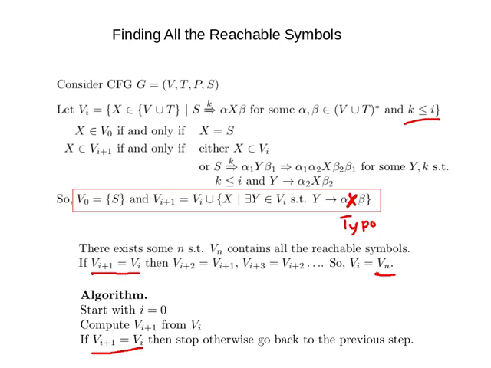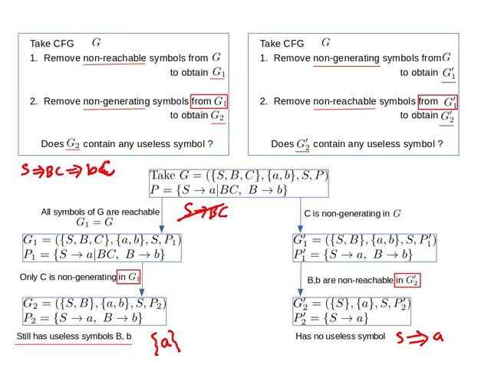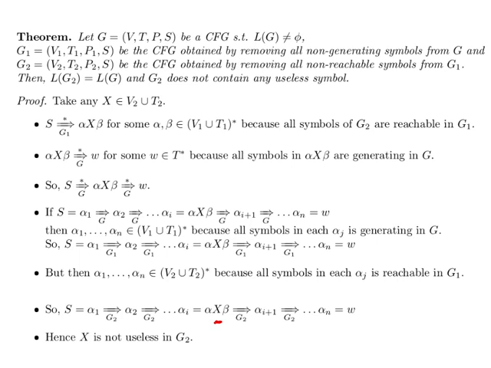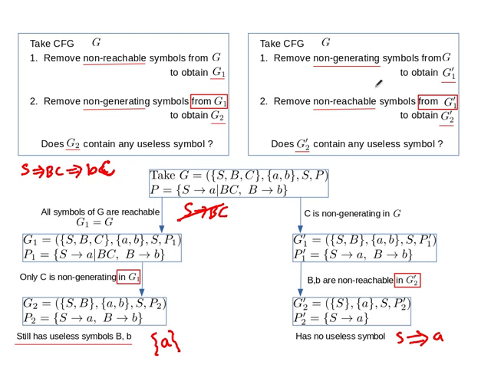You can find questions on the internet and in other books, and it may have some grammar asking you to remove all the useless symbols, and you apply these algorithms in this order: first remove all the non-generating, then remove all the non-reachable, and then you are left with a grammar which is equivalent but which has no useless symbols.